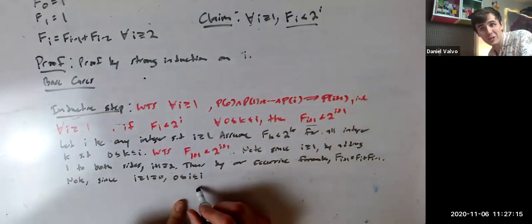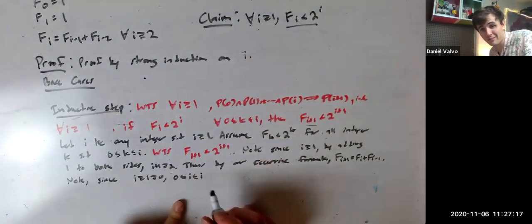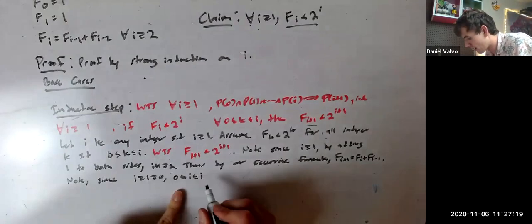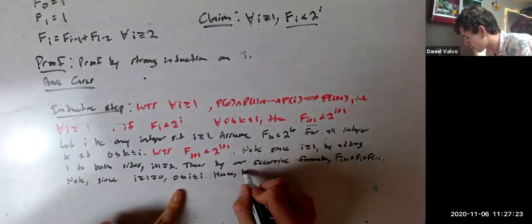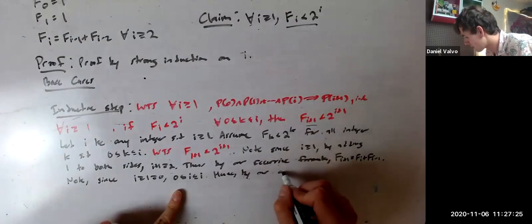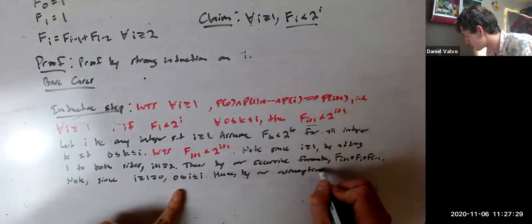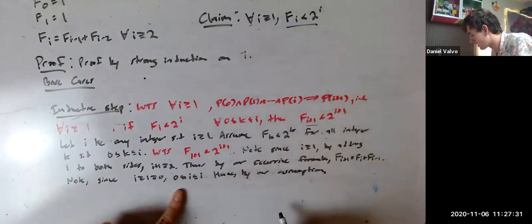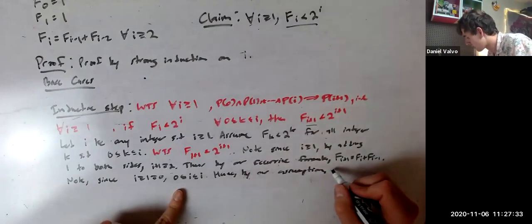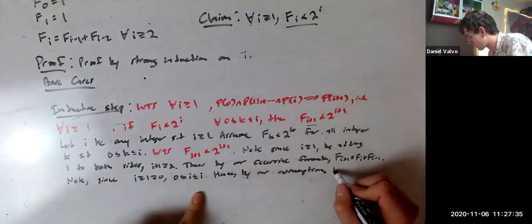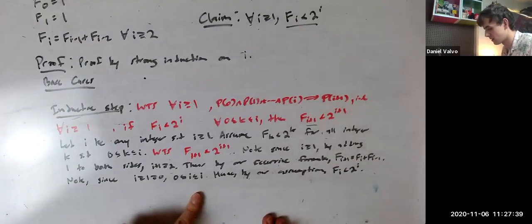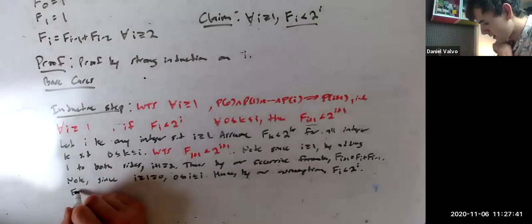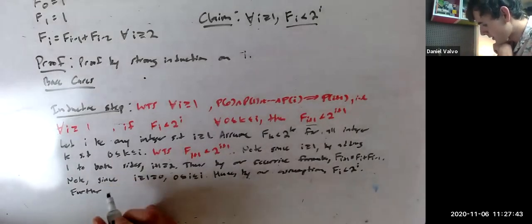Any number is less than or equal to itself. 5 is less than or equal to 5 because it's itself. Hence, by our assumption, f of i is less than 2 to the i. You do the same thing for i minus 1.